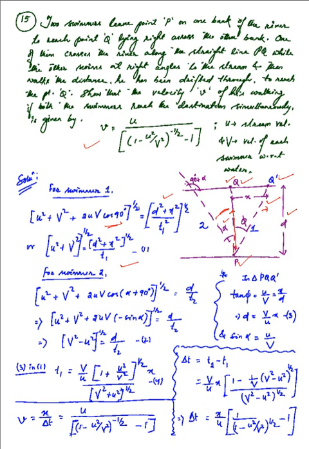For swimmer 2, who starts off at an angle alpha, the stream is moving to the right of your screen, along this direction. So with the stream moving to the right of your screen, the person will make an angle alpha plus 90 degrees with the stream, and as a result we'll have this to be the resultant.